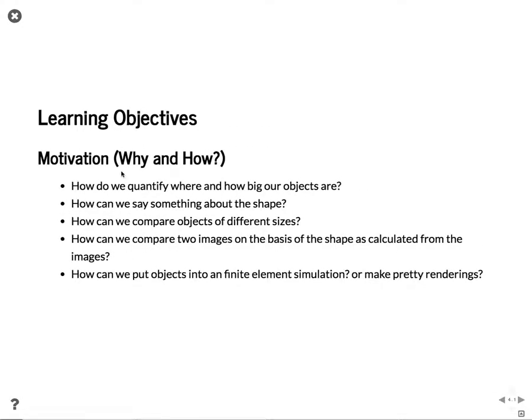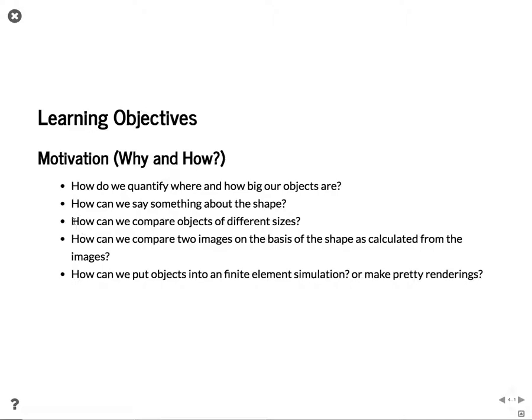And so for today, our objective is how do we quantify things about our objects. Now that we've segmented them, we want to start to do analyses on them so that we can begin to think about doing statistics and comparisons and checks and all of these other important aspects for actually building a paper.